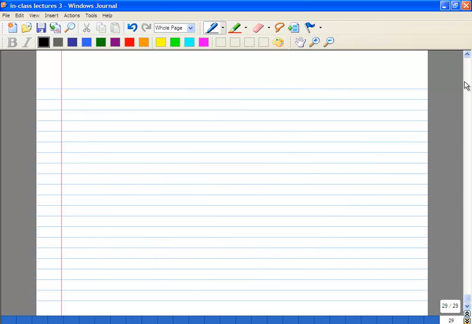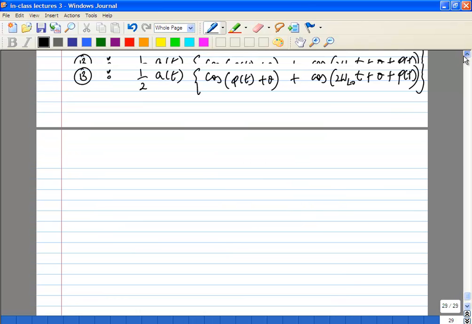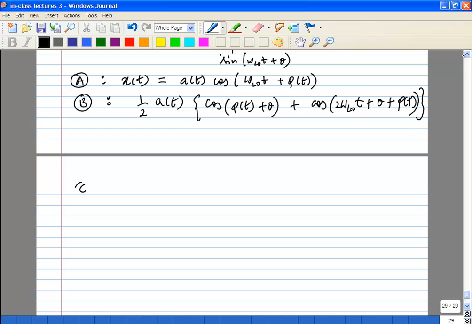And at C, assume that after the low pass filter, theta is 0.